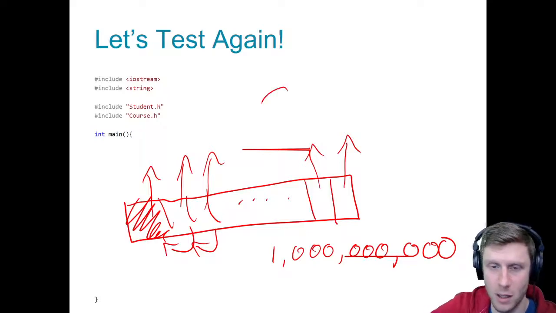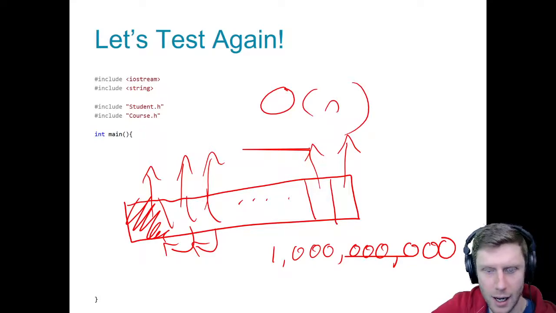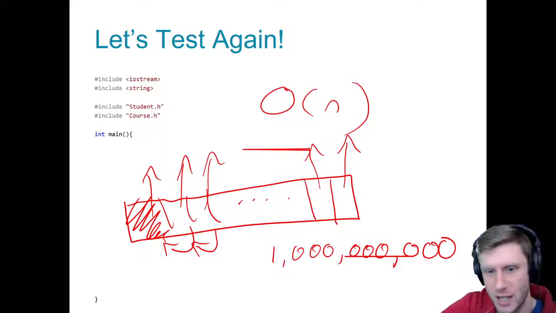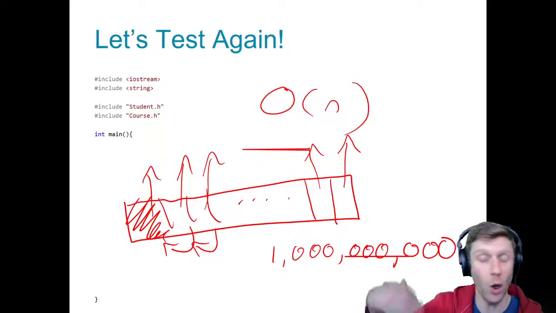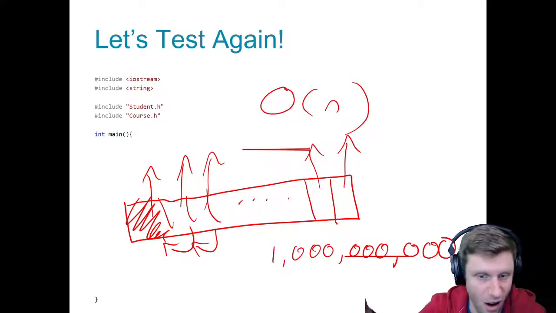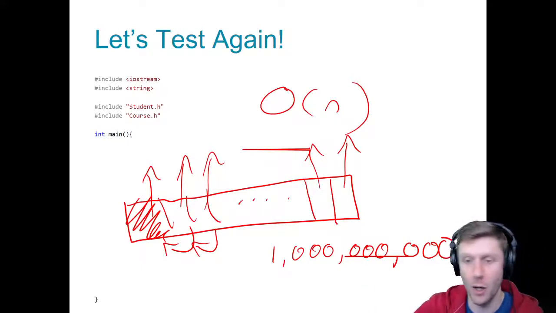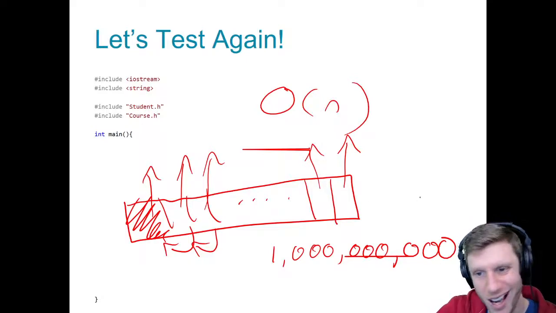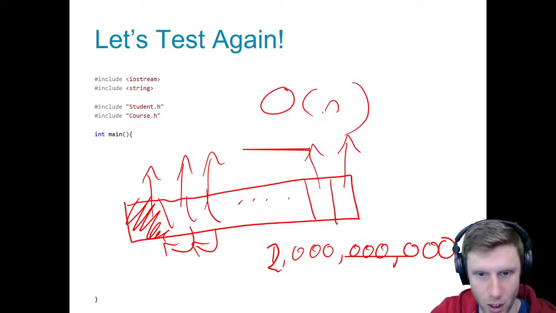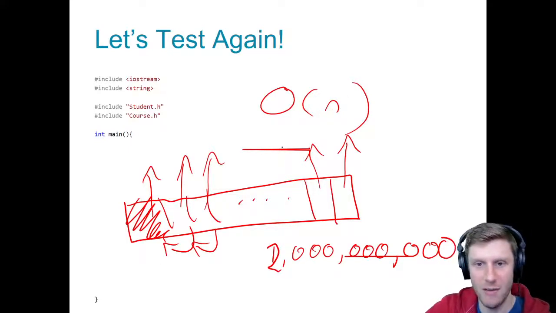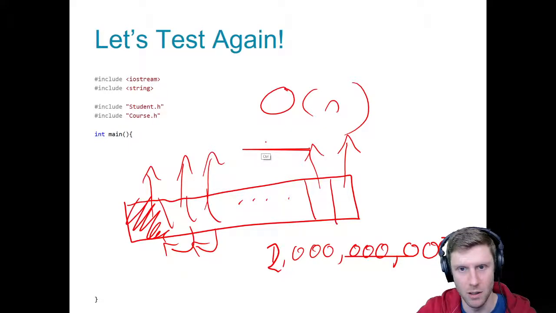In fact, that's what we call an order n algorithm, because the amount of work we have to do if we shuffle everyone down 1 is proportional to the number of things in our array that we have to move. So it grows linearly. If we double the size of this array to 2 billion, then we have to do twice as much work. Where if we have the alternative, can I just undo?